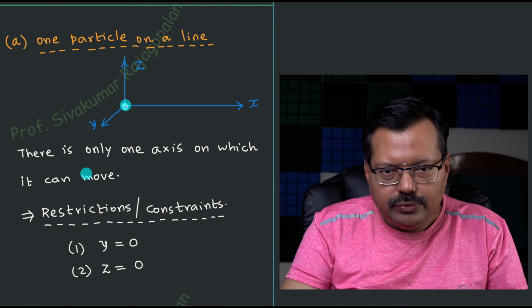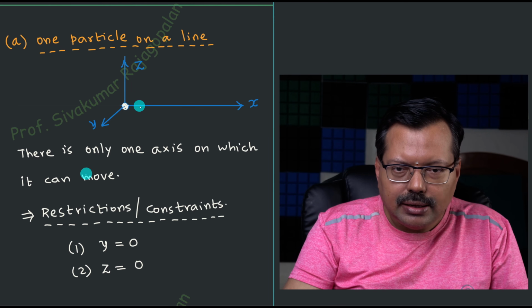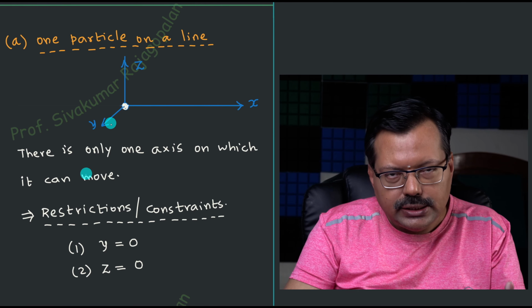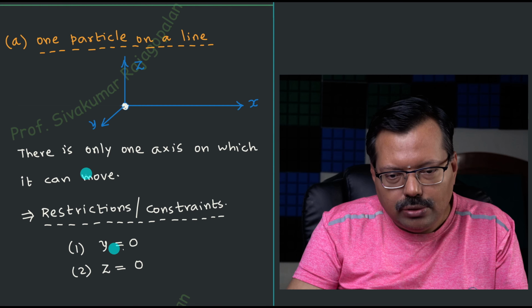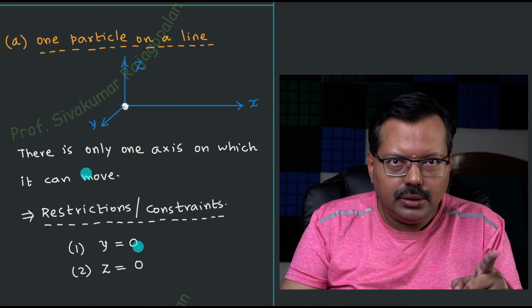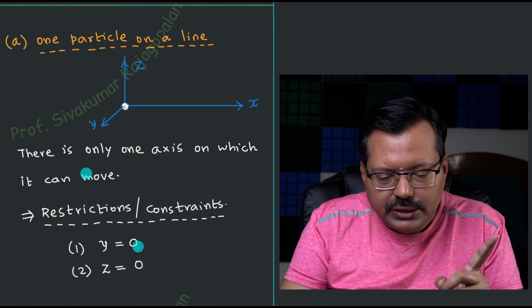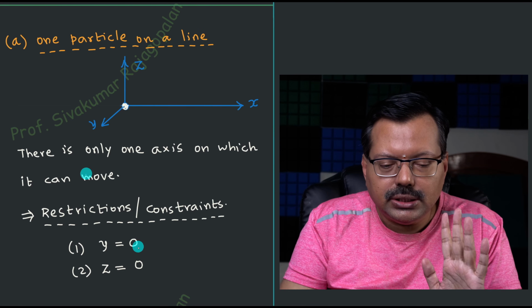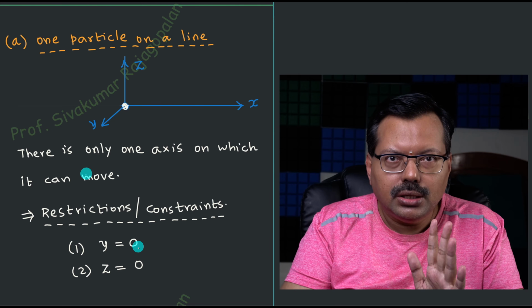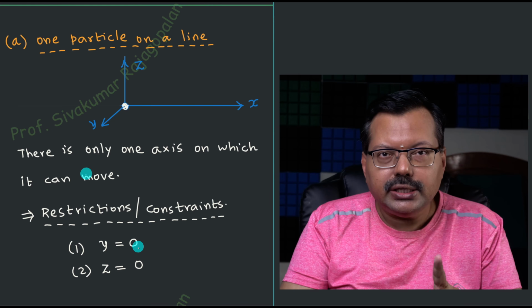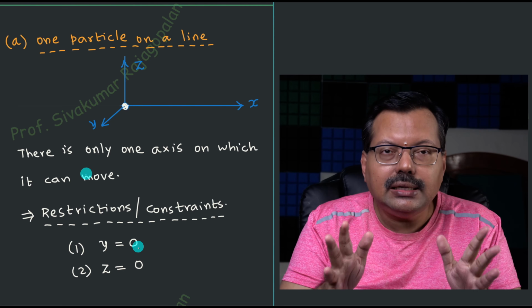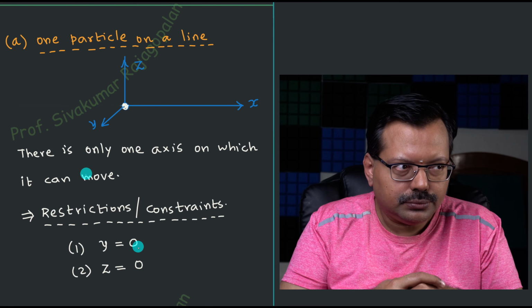Now you understand that when the particle is traveling only along the x-axis, the value of y will be 0 all the time. That is what I mean to say. All the time is very important, not instantaneous. If it is instantaneous, then you are out. Constraints cannot be instantaneous. This is a very important concept. When you are talking about a constraint, it has to hold all the time, until the dynamics is completed.